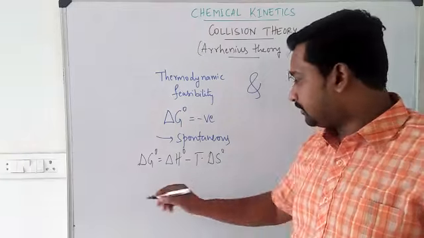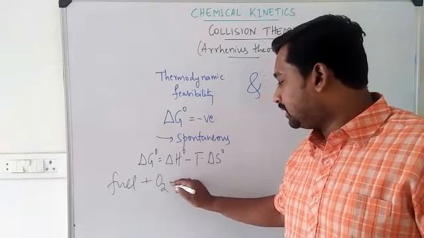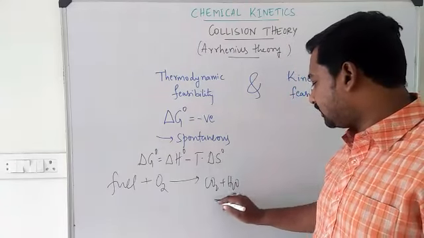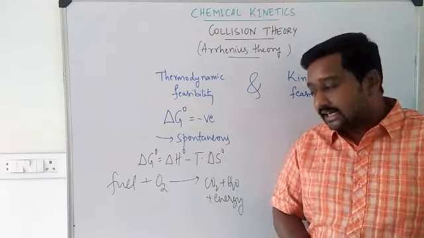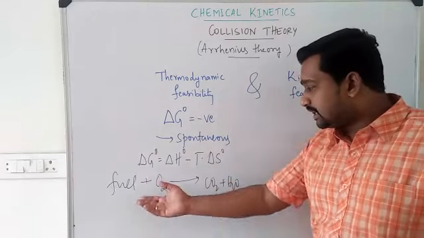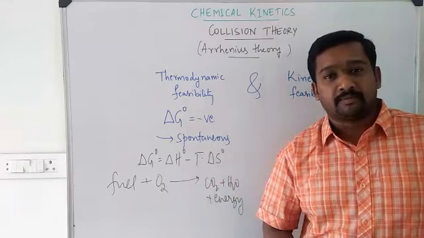To give you a rough example, a fuel burns in air to give carbon dioxide, water, and energy. Since this involves release of energy, we can say this is exothermic. And also there is an increase in randomness, so delta S value will also be positive.